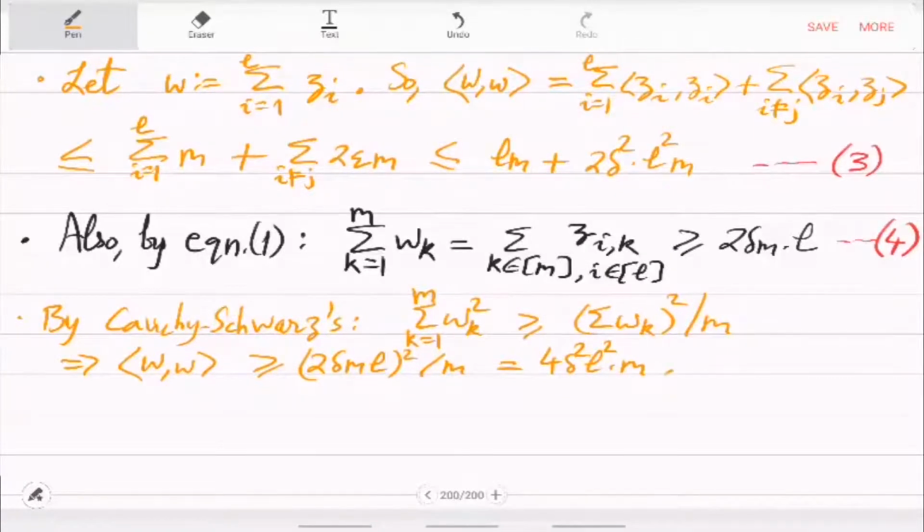Okay, so inner product of W with itself is large, this is what you have deduced, and previously you deduced that it is small. So that will give you the result.